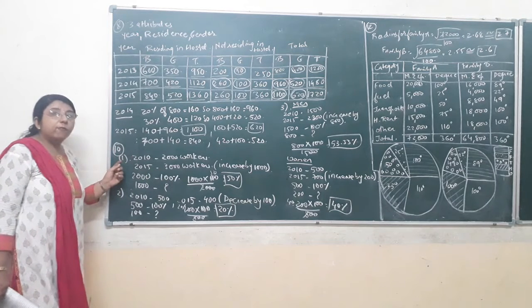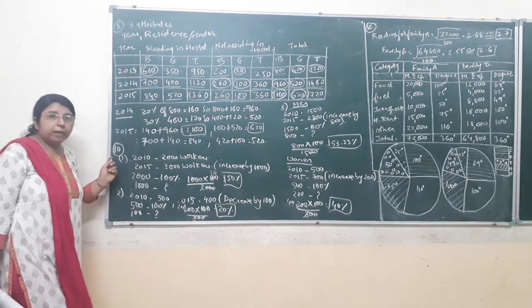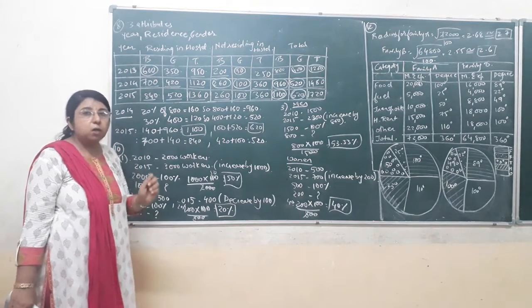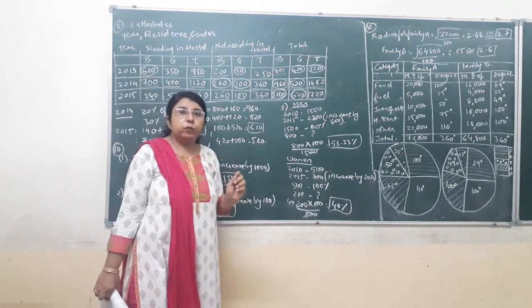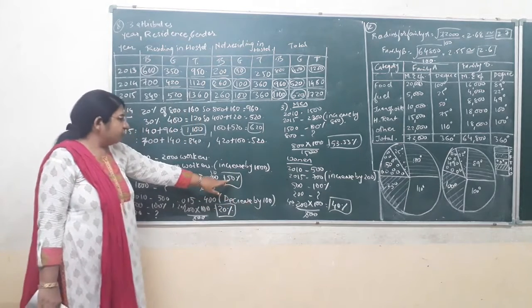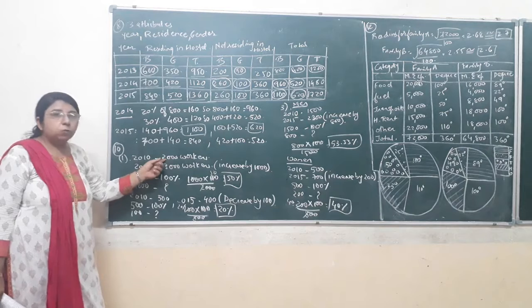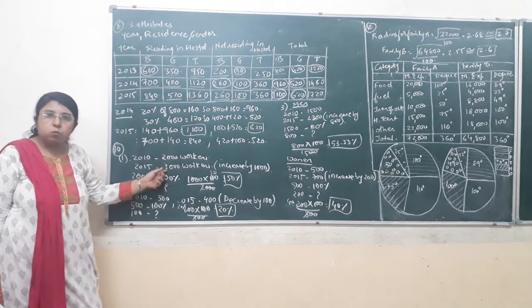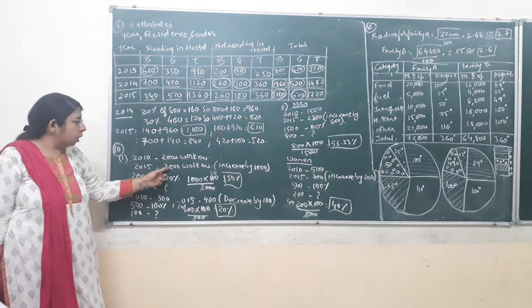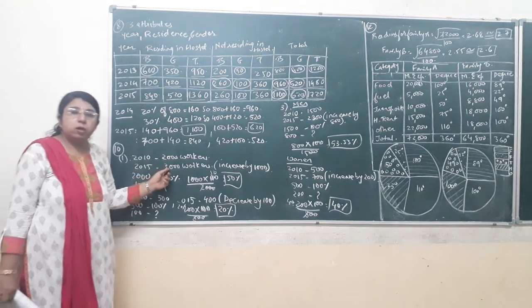So this is the first answer. We have to find the increase in workers in the year 2015 in percentage, and that we have got, that is 50%. Also you can easily identify that previously it was 2000, now it is 3000. So it has increased by 50% compared to 2000 in the year 2015.